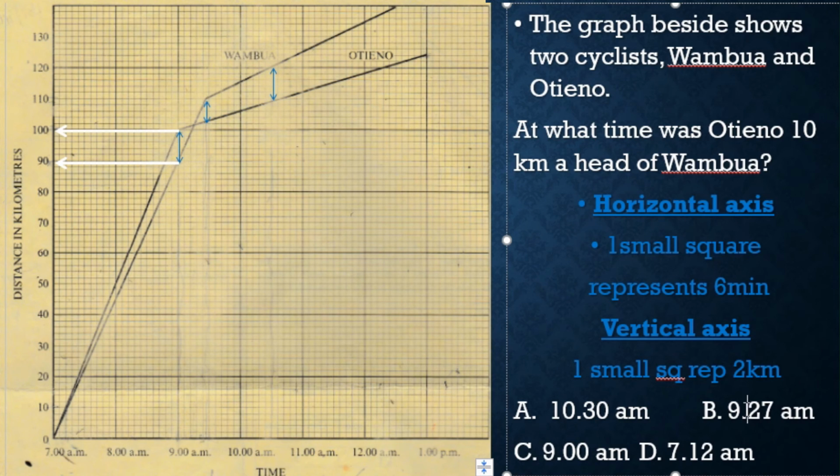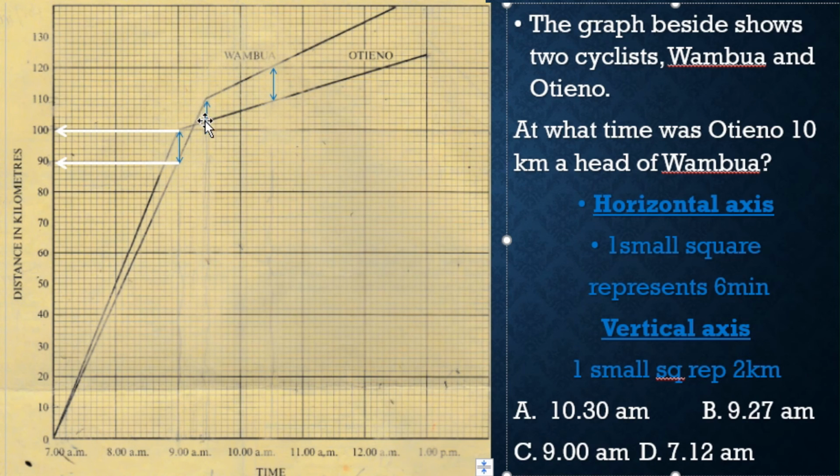We go to choice B, 9:27, which is supposed to be at this point here. You remember, one small square represents 6 minutes. So to get 9:27, we move up to 9:06, 9:12, 9:18, 9:24. Then we have a box there. We go to 9:27 at this point here.